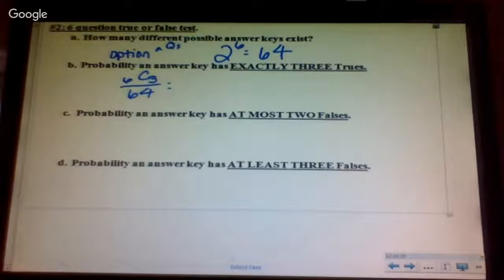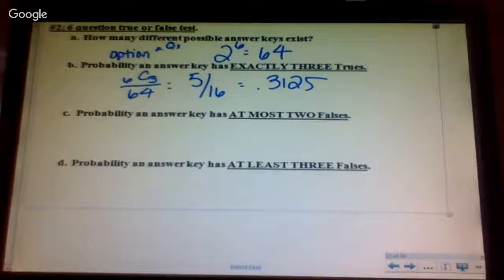Answer: 5/16. If you left it as a decimal, it's 0.3125. Unless the test tells you to give a fraction or a decimal, I don't care which way you give it to me.